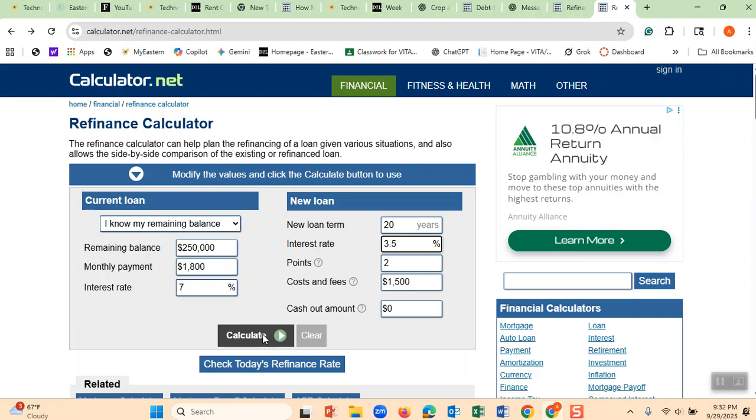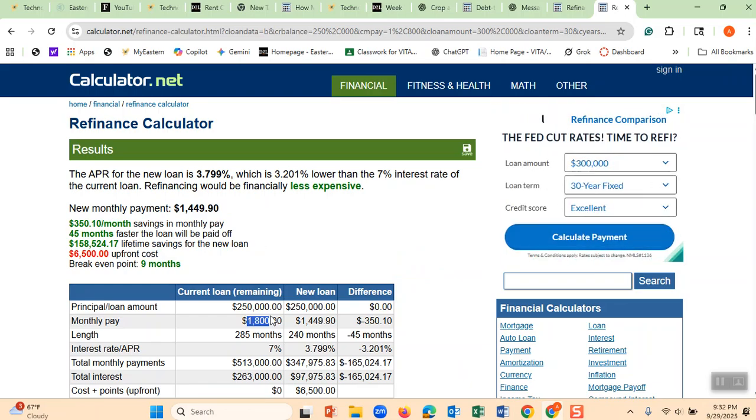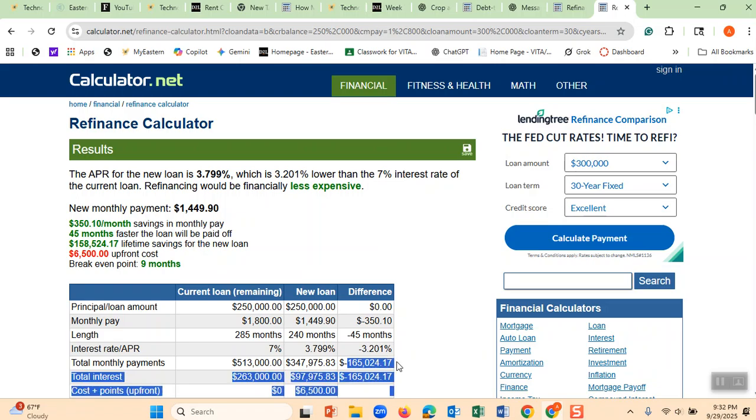The people who were smart 2-3 years ago during Corona, look at here, the payment was 1,800. This dropped to 1,400. Every month they saved 350. Imagine for 20 years. Do you see that because they refinanced, they saved $165,000. Therefore, now you understand why they say personal finance is such an important issue.